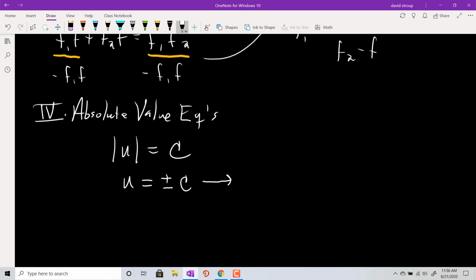And how do I interpret that literally? I mean, it's two equations: u equals positive c, or u equals negative c. So that plus or minus thing is just a shorthand way of writing this other statement of two equations.